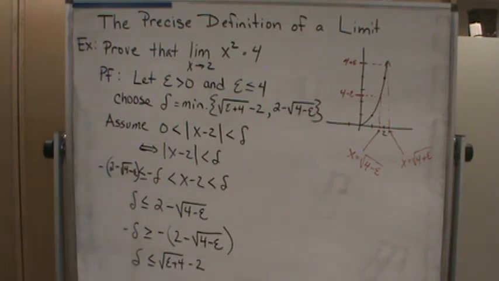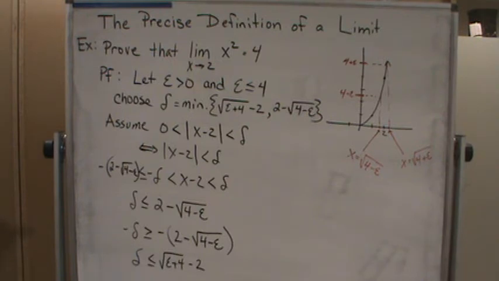Now, we also know that delta is less than or equal to 2 minus the square root of 4 minus epsilon, and delta is also less than or equal to epsilon plus 4, the square root of 4 minus 2.